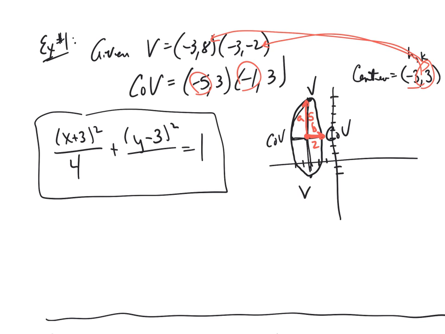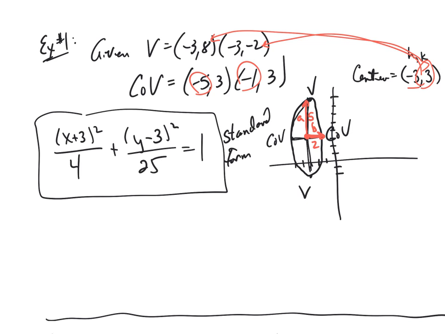So 5 squared is 25. Okay, so the entire equation then is (x + 3)² over 4 plus (y - 3)² over 25 is equal to 1. And of course, this is the standard form for the equation of the ellipse.